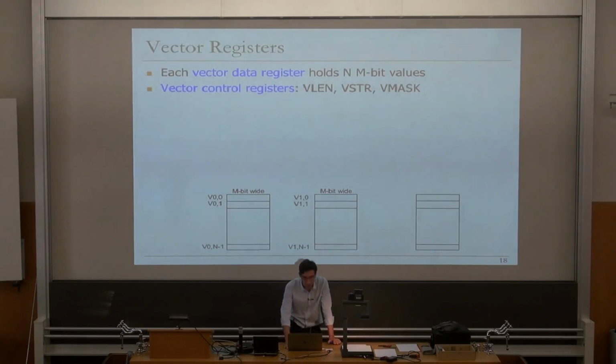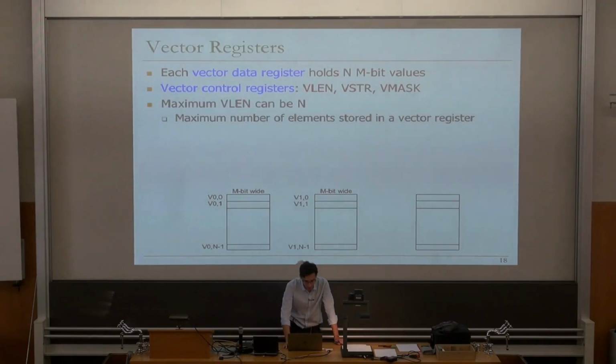We have vector control registers. We have already talked about them. VLEN, that is the number of elements that we have in the register. Stride, the vector stride, what's the distance between the elements that are going to be accessed from memory. And then we have the vector mask.